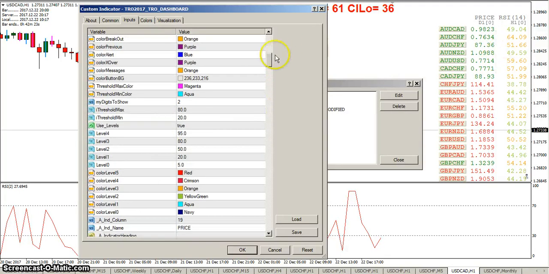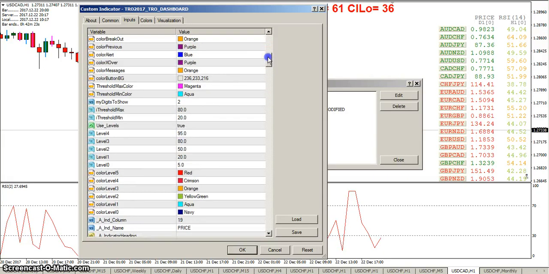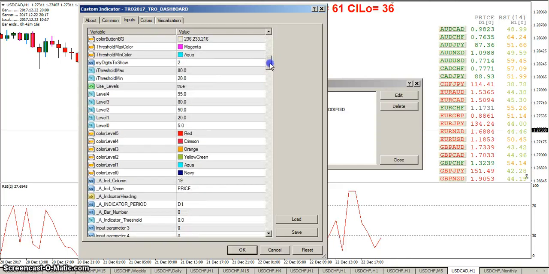And if you're wondering why are these different colors, well, you can see here when you're using these indicators, where is it? Use levels. If you set that to true, then you have 5 levels to use, and then you've got the 6 colors to tell you which level you're in.